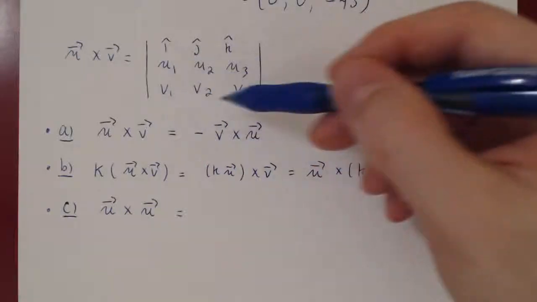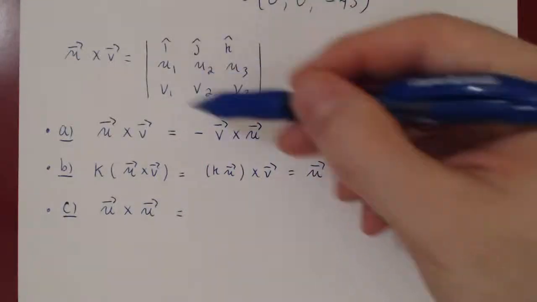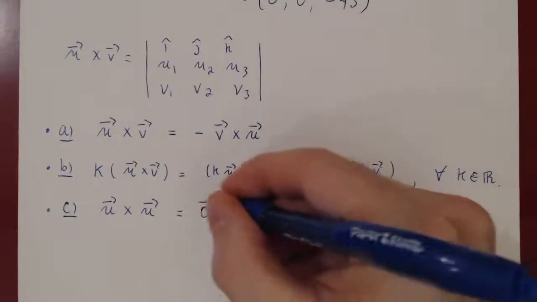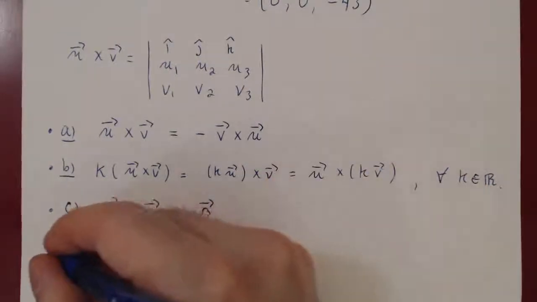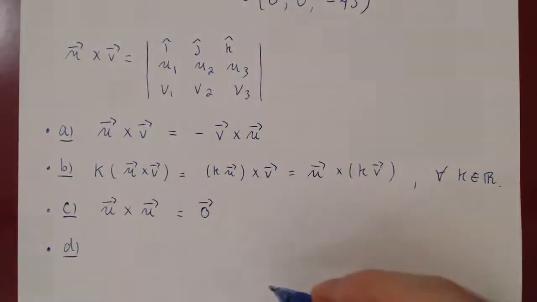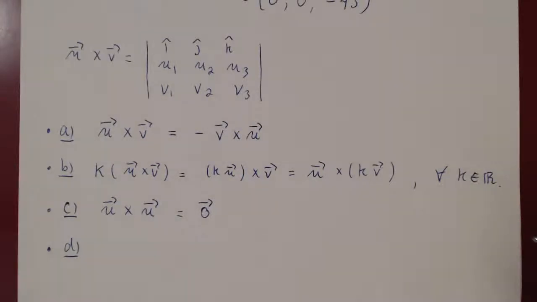If you have two rows that are equal, the determinant is 0. But here it's not the 0 real number, but the 0 vector. We can extend this to vectors being parallel, because we know that if one row of a matrix is a multiple of another, we can perform a row operation by subtracting the proper multiple, and then we get a row of 0, and so the determinant is 0.